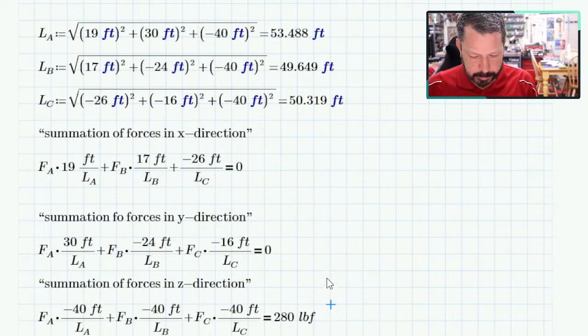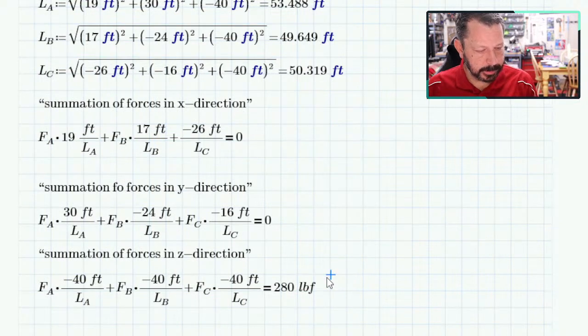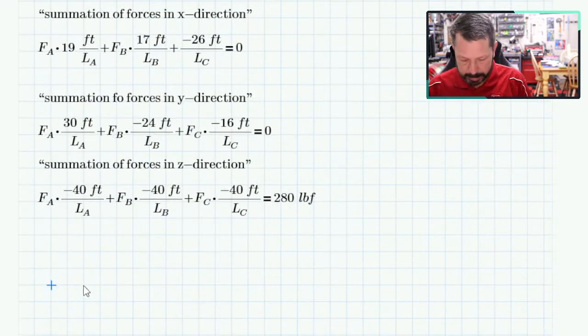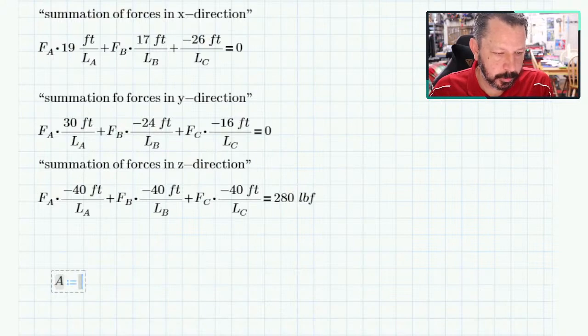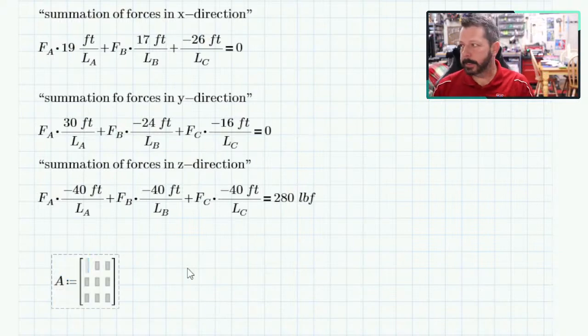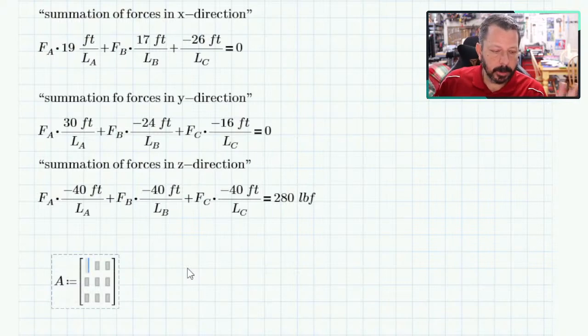Okay. Now, what I can do is I've kind of got it set up as a matrix right here, the A matrix. So I'm manually going to go create it. I got to insert a matrix, 3 by 3. And what I want to put in the A matrix would be all of the coefficients that go with the variables.